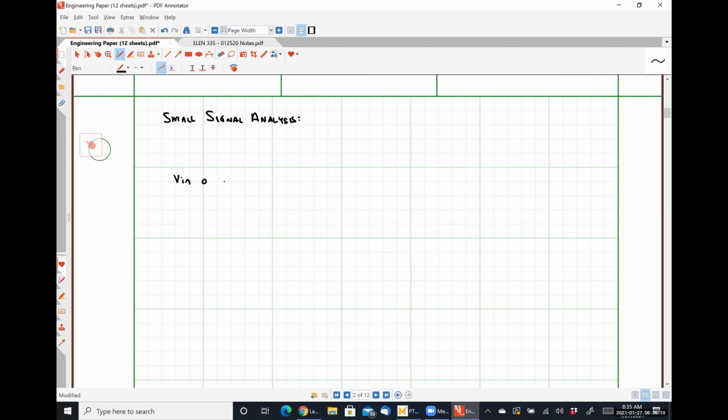Vin. Here's my 50 ohm resistor. Here is my 12 kilo ohm resistor. Then over here, I have an emitter resistance of 200 ohms.